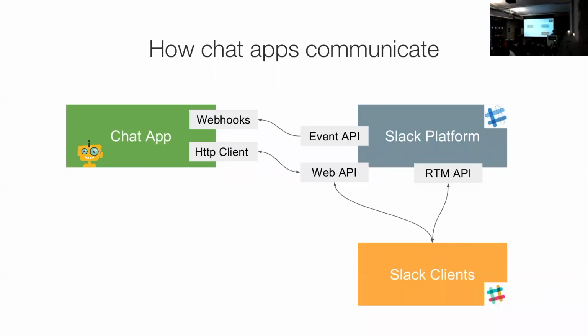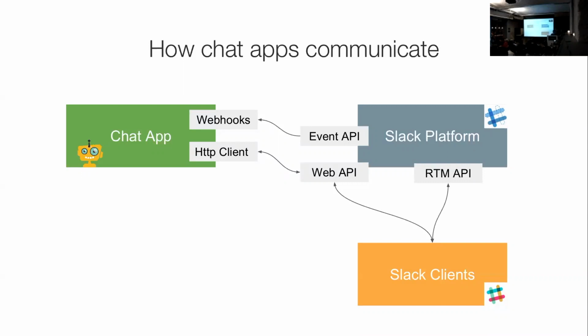Then the chat app will not use this real-time messaging API. Usually it can, though. It's possible, but it's deprecated because it should use the event API to be notified about events that happen, like messages being posted to a channel, a file being uploaded in a channel, interactions of the user with a message, etc.